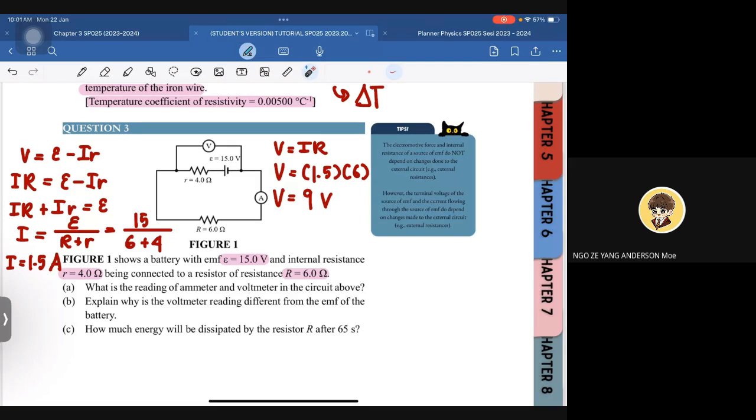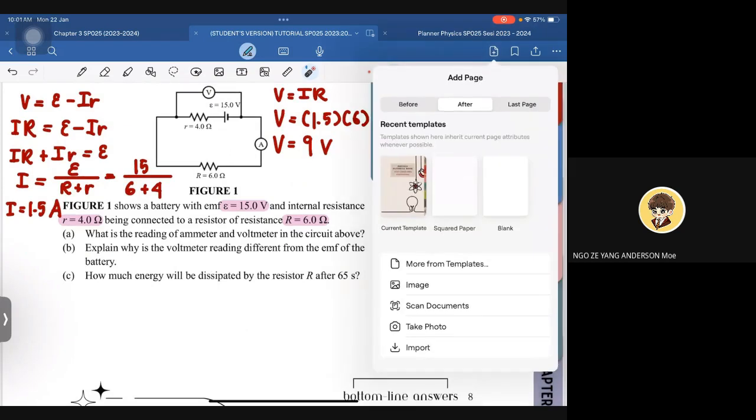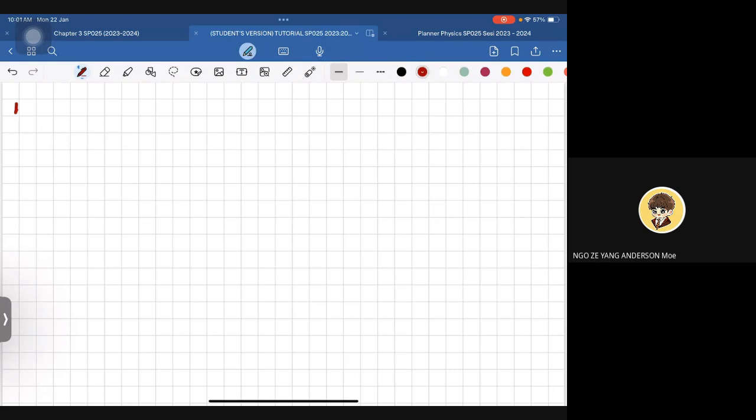Alright, next: explain why the voltmeter reading is different from the EMF of the battery. Why does it ask an explanation question here? Basically, the voltmeter reading is the reading of the terminal voltage.